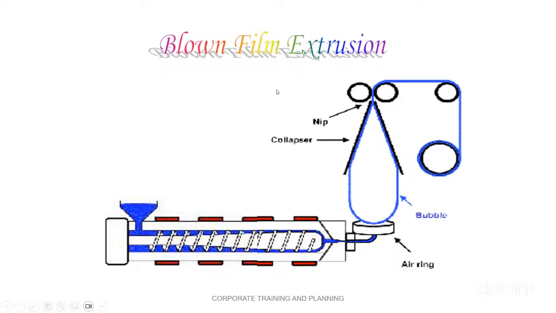Now see here the blown film generally. How can you define the film and sheet? Generally, what is the definition for film and for sheet? Can anybody tell me?